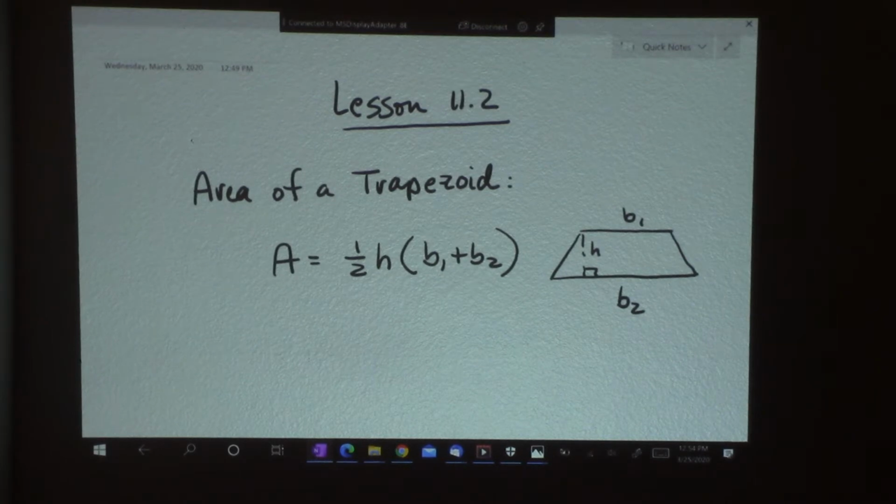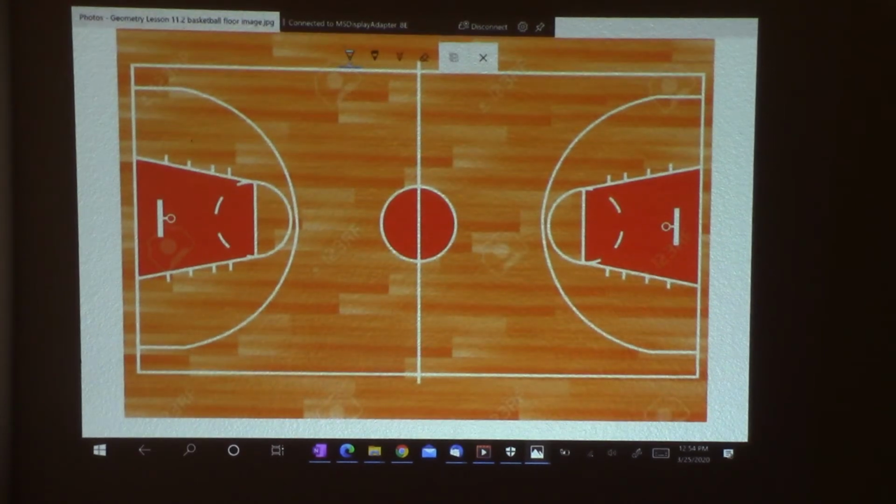To make this a little more interesting, I've come up with some pictures. So our first problem has to do with a basketball court. You can see from this basketball court that there is a trapezoid right near the free throw line. So we're going to figure that out.